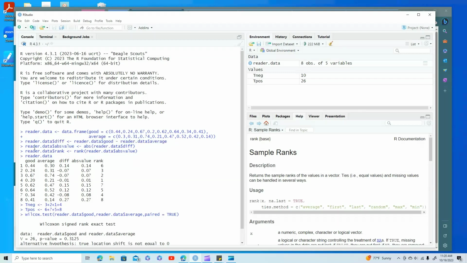All right, now I want to take the absolute value, so reader data $ is going to add a variable. The variable I want to add is absval. Again, I don't like calling variables by function names because I think it can potentially confuse the computer. Now, the absolute value function in R is abs, and then open, and then I'm going to do reader data, and then I'm going to tell it to look in the difference variable, okay?